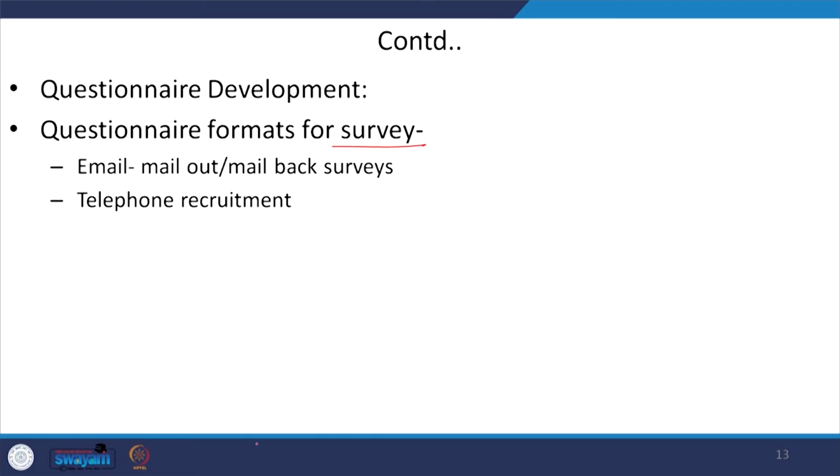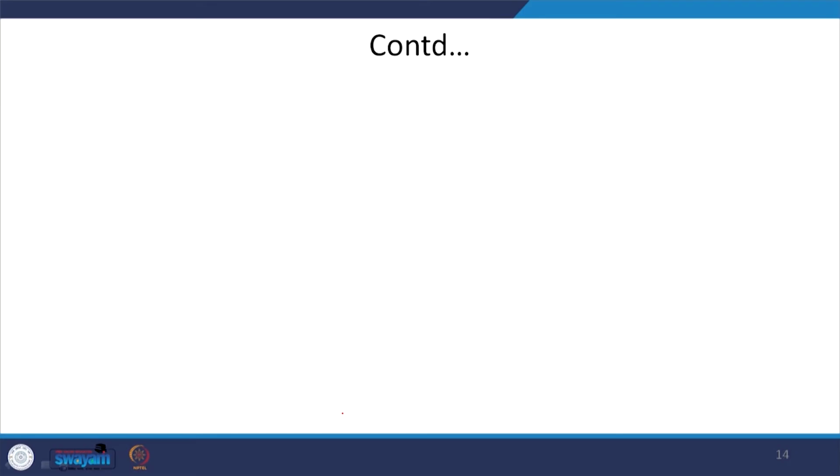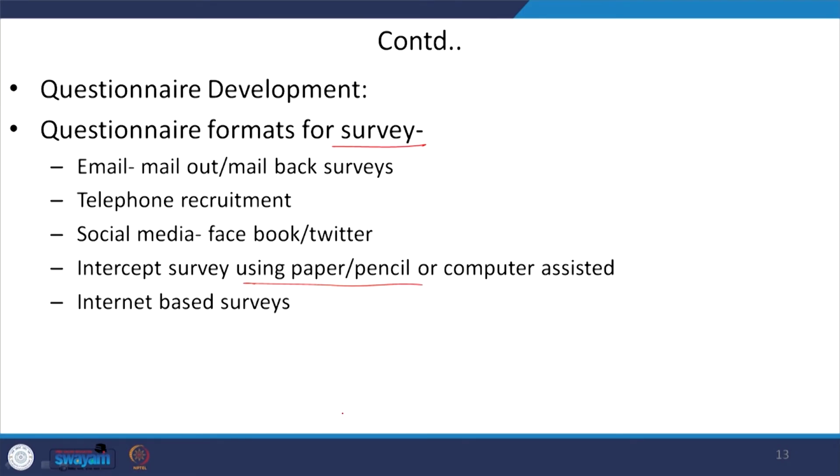It can be telephonic interactions, or social media, like Facebook or Twitter, where we post the survey questions and you need the responses from them. We can also use paper pencil or computer assisted surveys, or internet based surveys, like a Google spreadsheet that you share with the concerned respondents and get back.